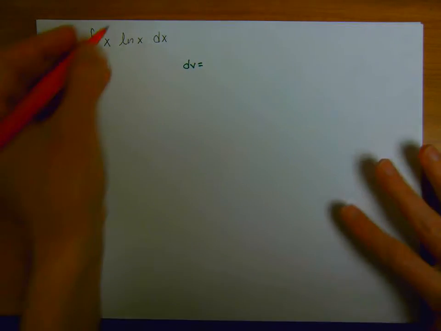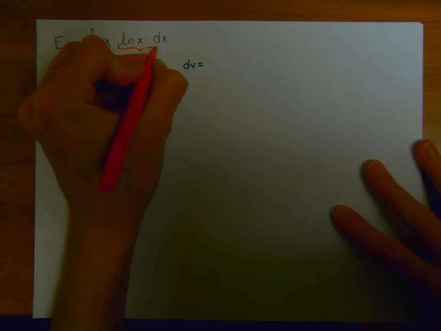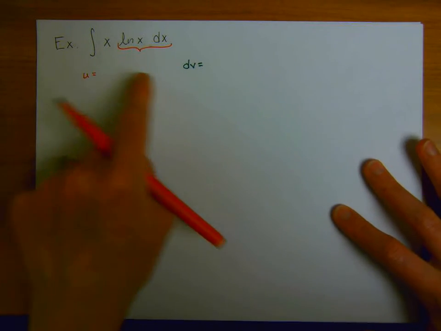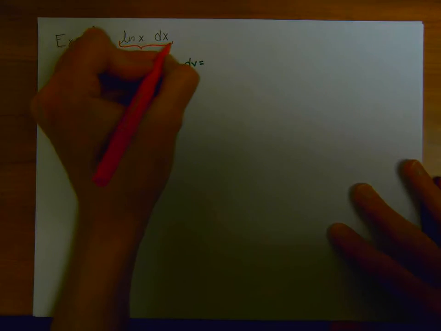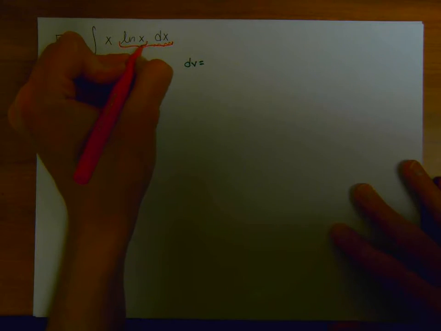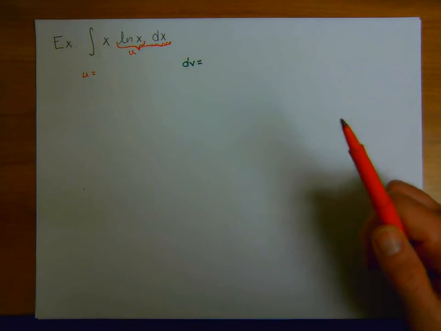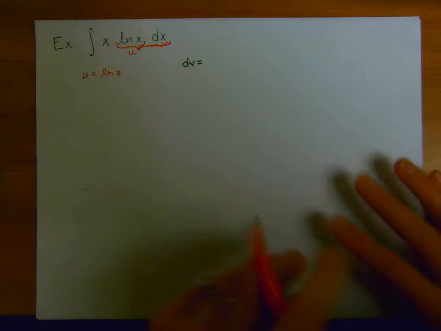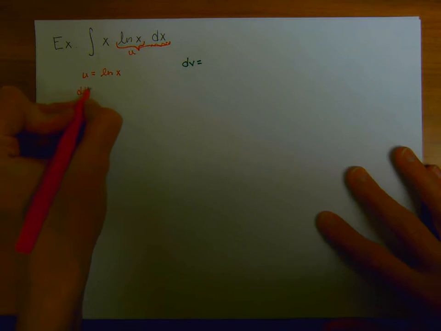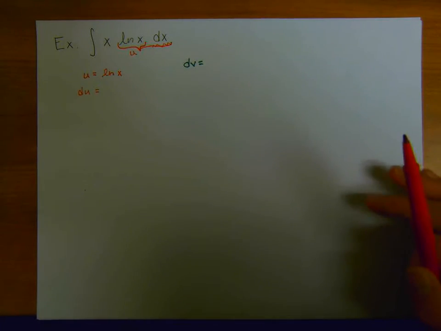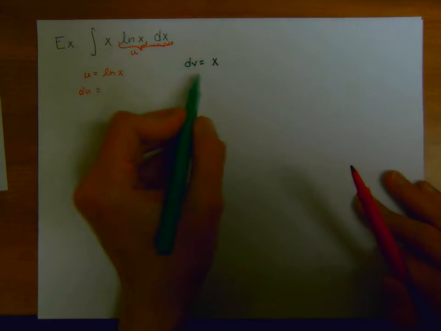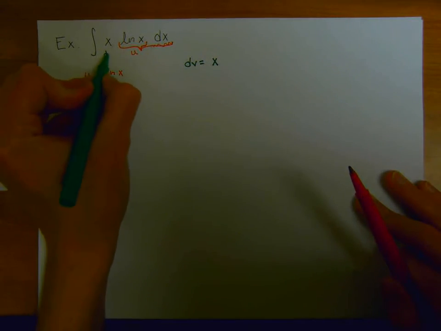I need to put natural log of x in for u because I don't know what the antiderivative of natural log of x is. So if natural log of x is u, that means x has to be dv.